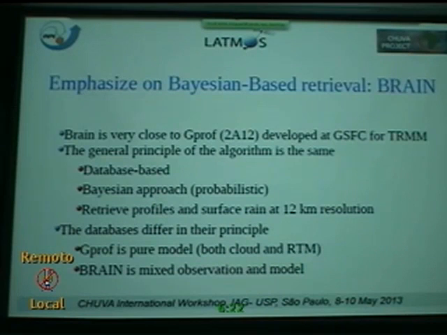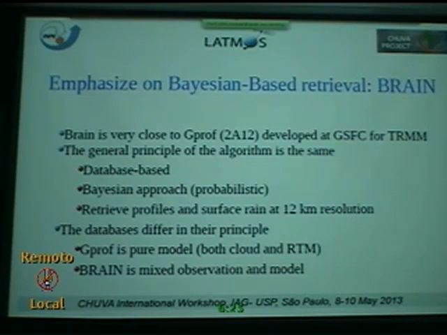Both are database-based, because we have a database of profiles, so we try to match the observed vector of brightness temperature with a predefined database, and retrieve the profile at surface and rain at 12 kilometer resolution. This was done during the visit of Nicolas last year.